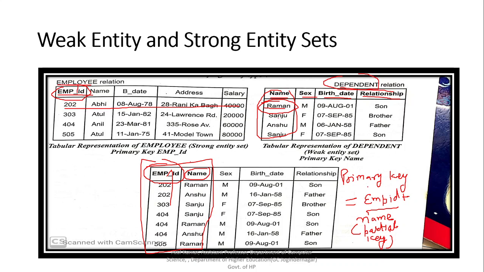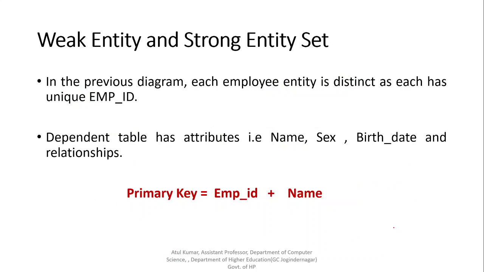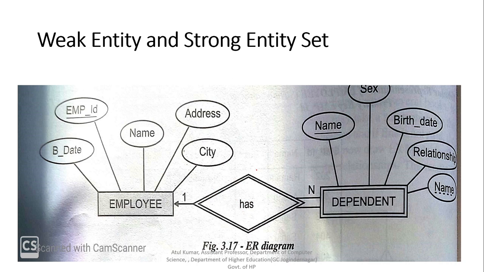So the primary key of the dependent relation is equal to the employee ID and the name, which is the partial key of this dependent relation. So in the dependent table, we make the primary key with the help of this employee ID and the name in the case of this weak entity set dependent.